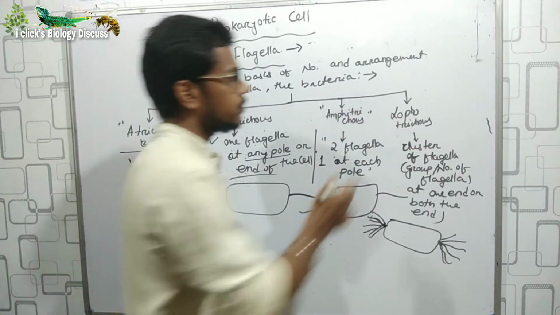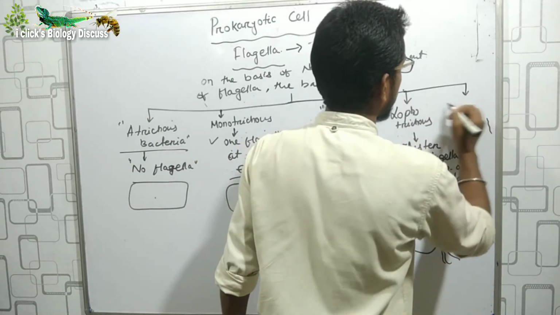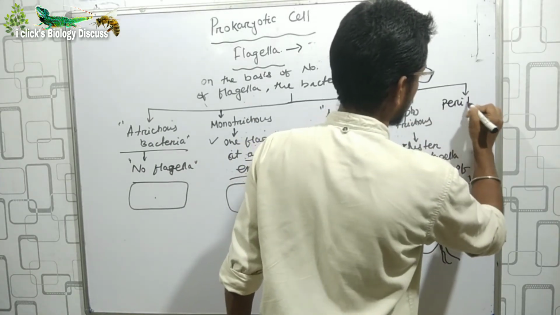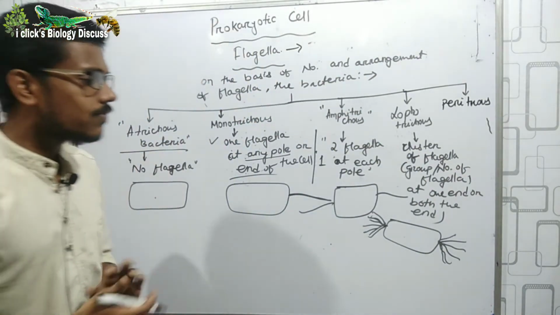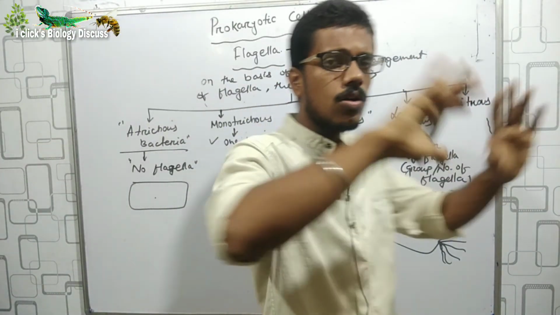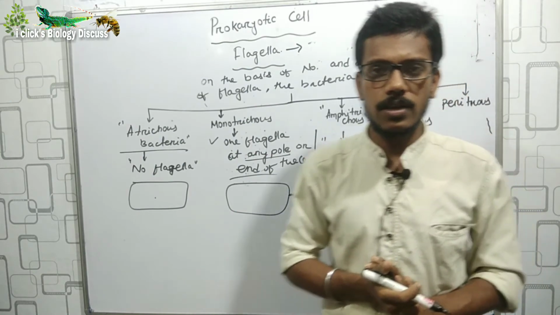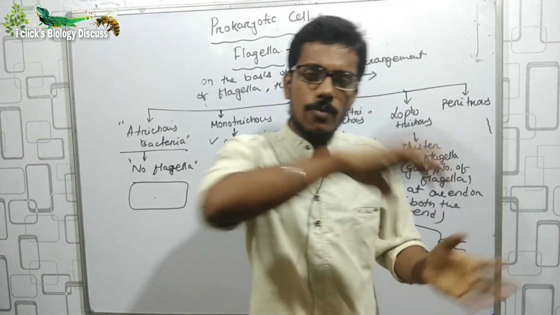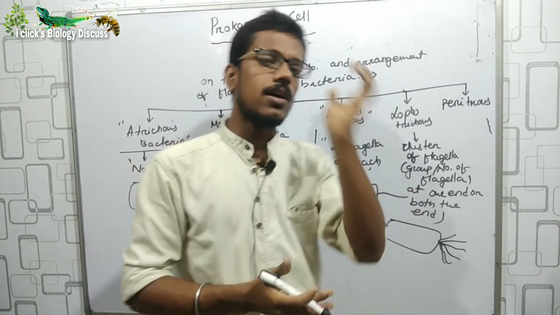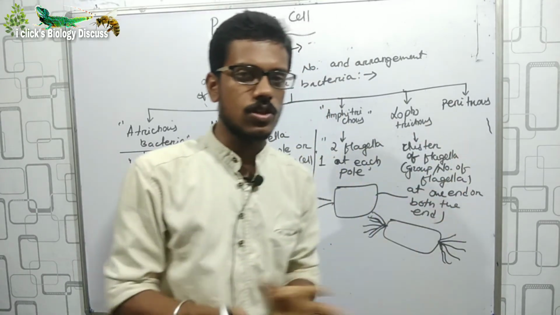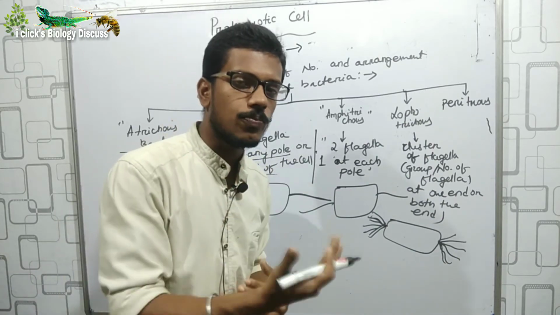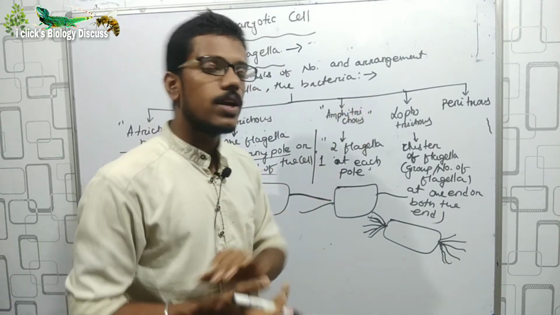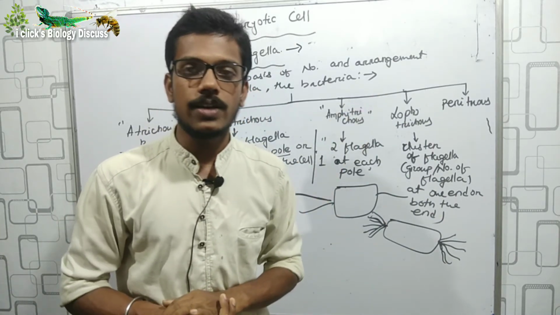Then another type is peritrichous. If the flagella are present all over the surface, on every area of the plasma membrane or outer surface of the bacteria or any kind of prokaryotic cell, then that will be called a peritrichous bacteria or peritrichous cell.